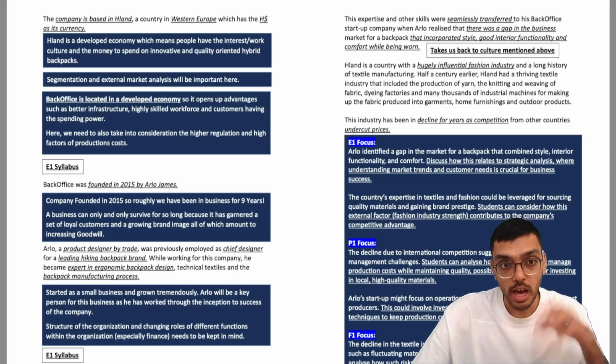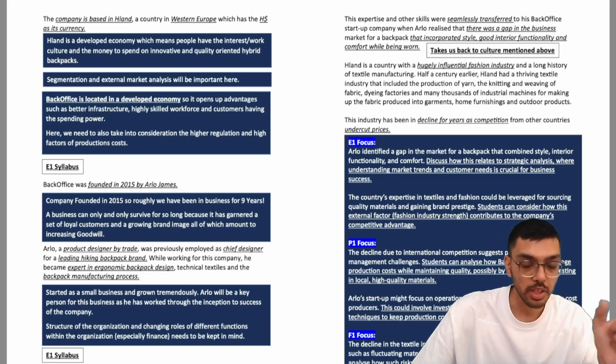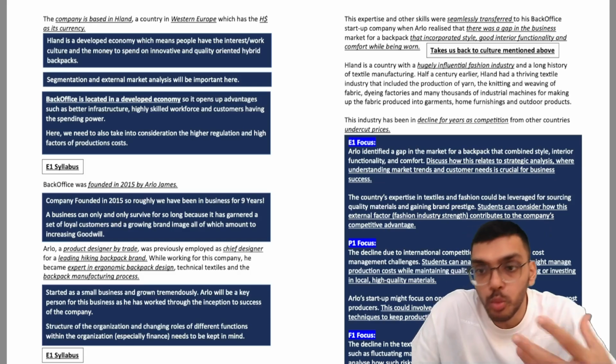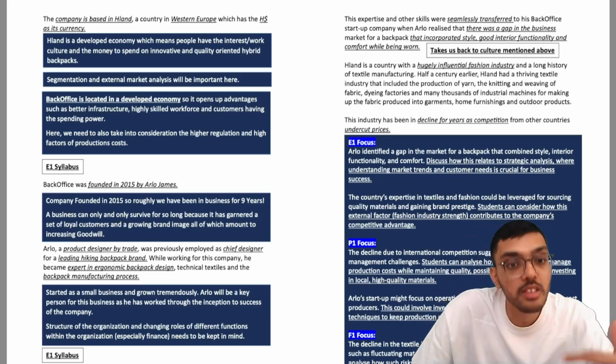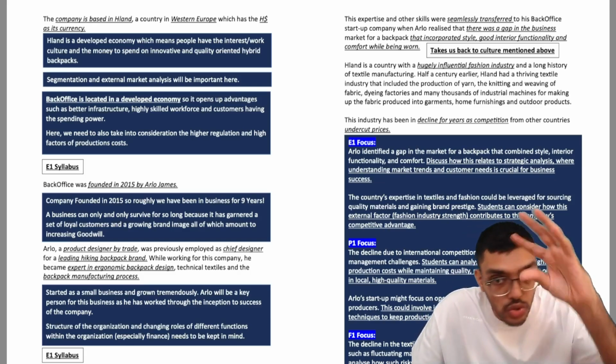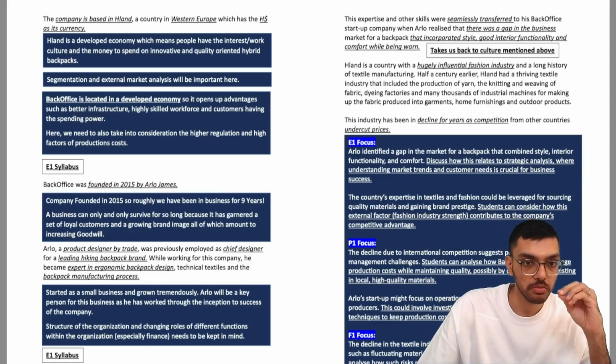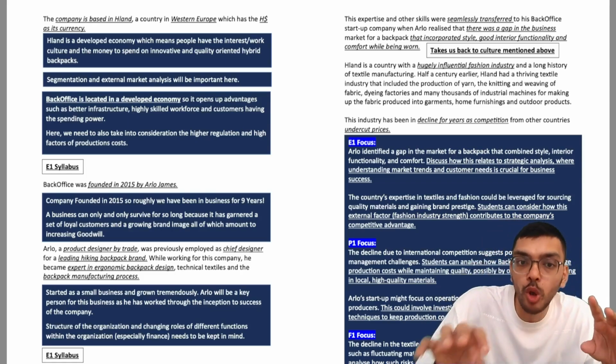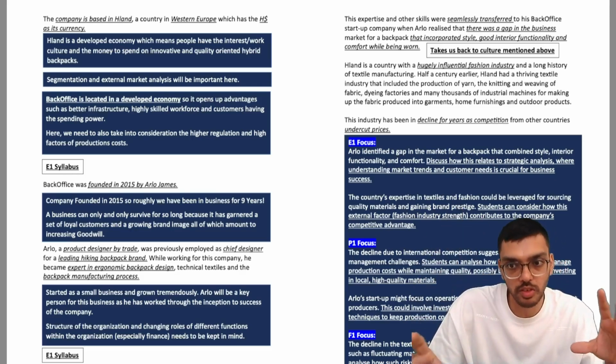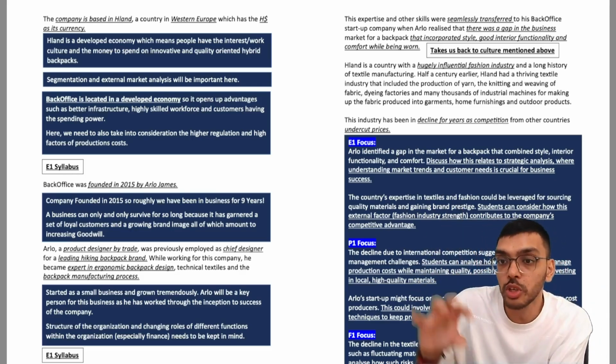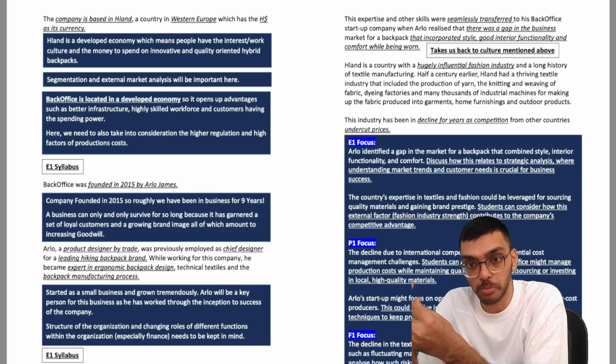Now, Arlo started it in 2015, but over the years, people would have joined the business. The business has grown. So the structure of the organization, the changing roles of different functions, especially finance. The finance function would have evolved from a small company to medium size.